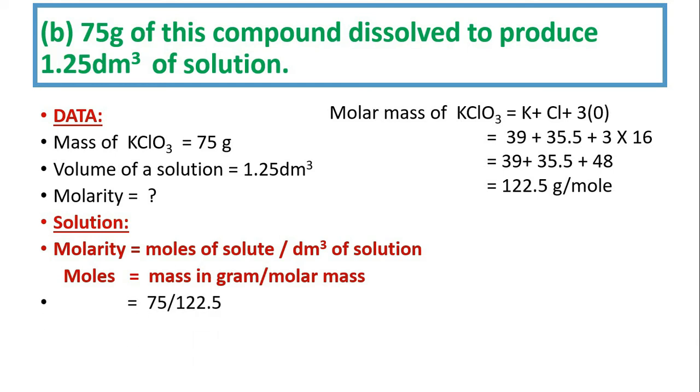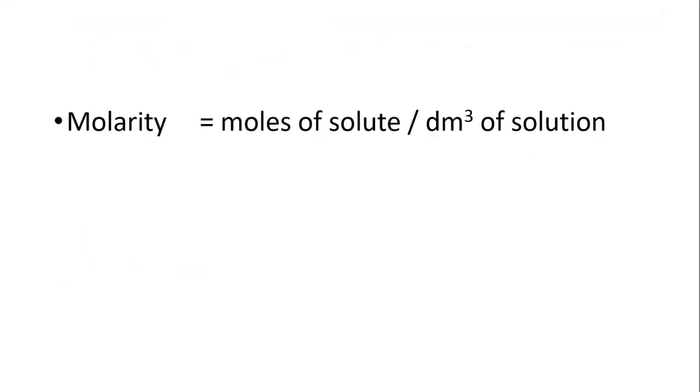75, we have the mass, and molar mass is 122.5 gram per mole. So we get the number of moles 0.6122 moles. Now students, after calculating the number of moles, we can easily calculate the molarity. And you know, molarity is equal to number of moles of solute divided by dm³ of solution.